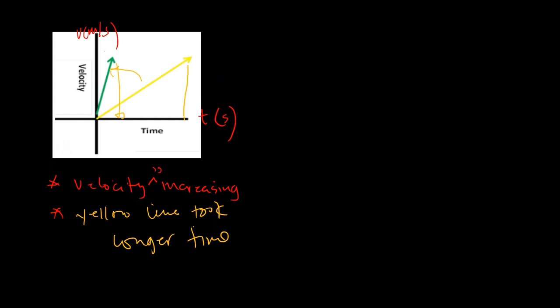For example, in this line here is the maximum speed, or shall we say top speed, meaning to say the green line has a higher value of acceleration than the yellow line here.